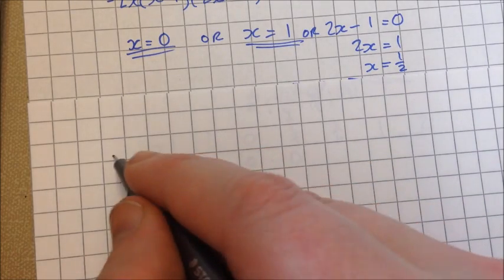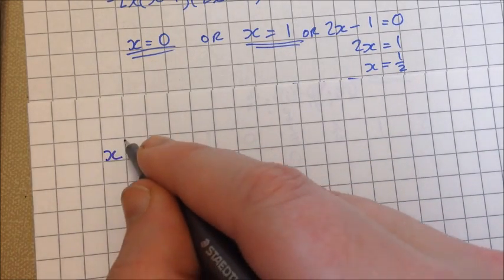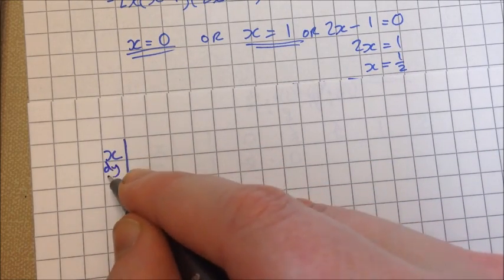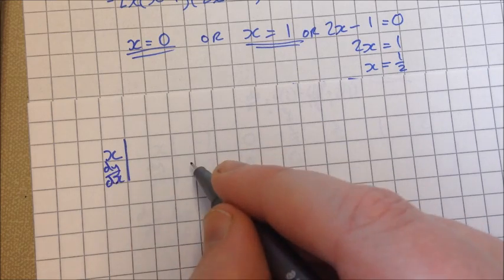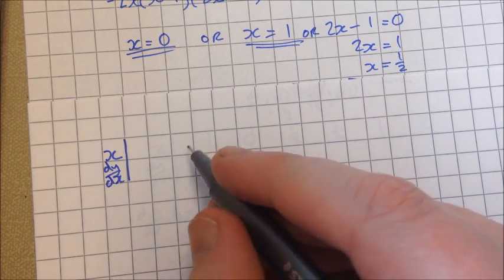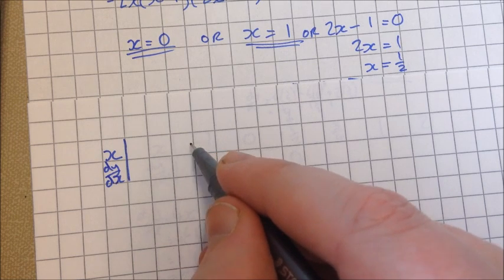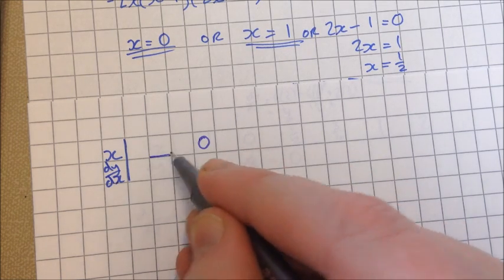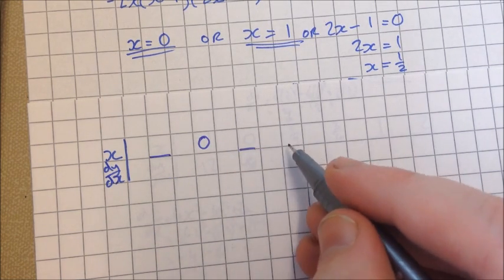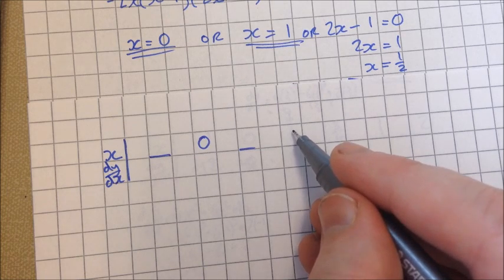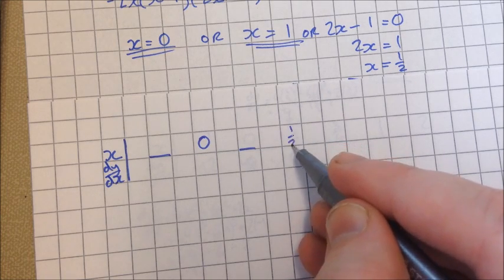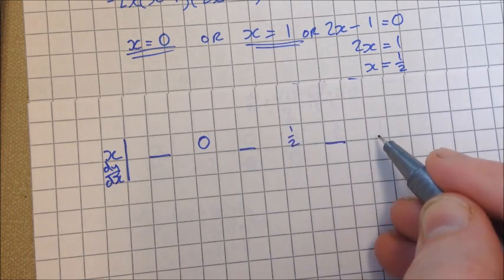Okay, onto a new sheet here. So x and dy dx in our table. Right, so your values are 0, half and 1 in that order. And we need values to the left and to the right of them. So I'm going to put a value there, a value there. This is where a half is going to go, and a value to the right of it.